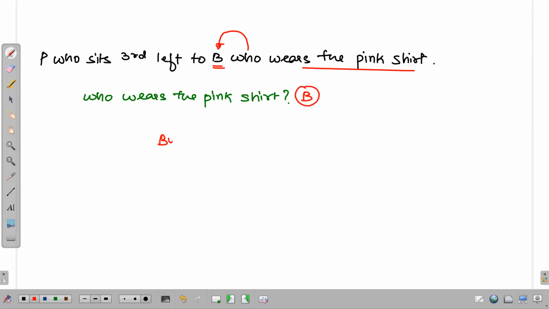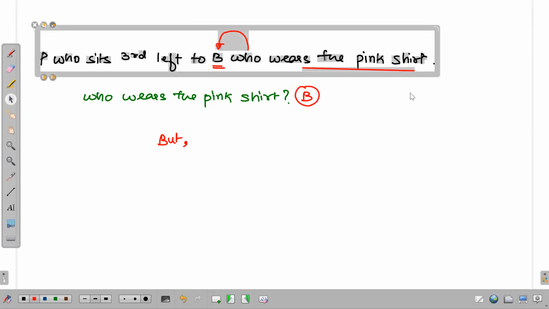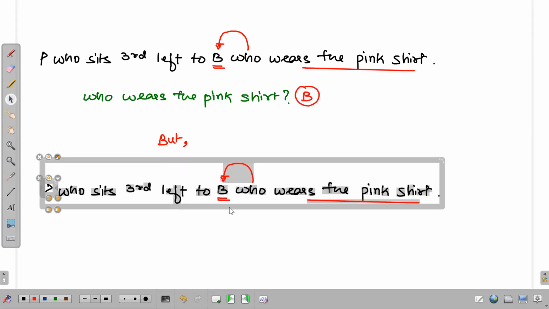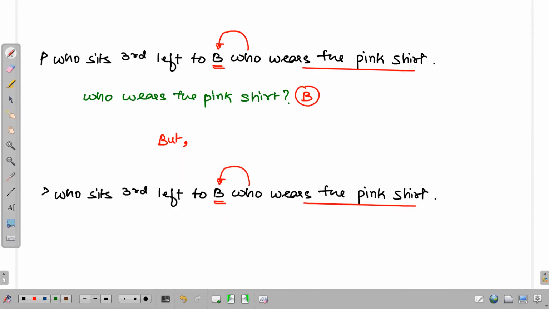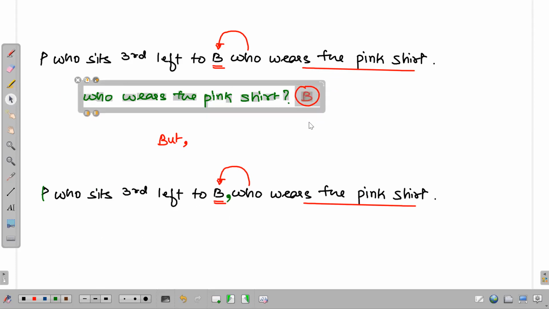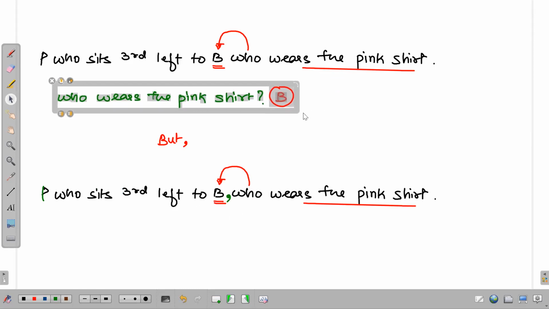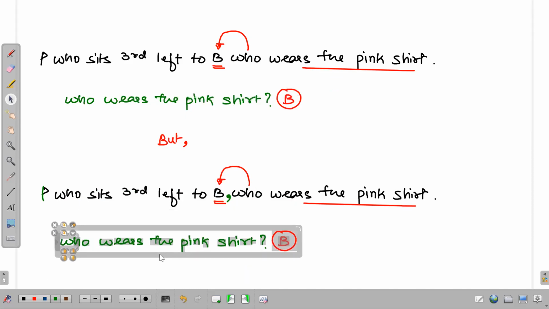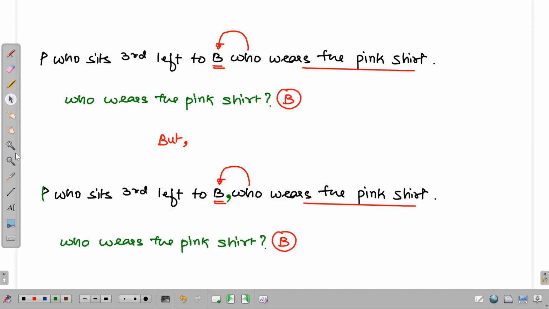But if I have the same sentence with a comma placed into it, if I say P, who sits third to the left of B, comma, who wears the blue shirt, now who wears the blue shirt is not B. Now P is wearing the blue shirt.